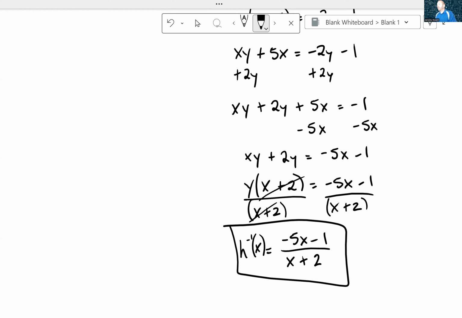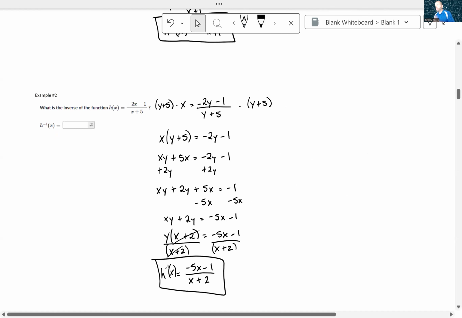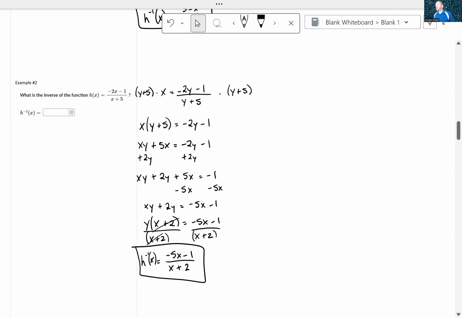All right, if we were to plot these, actually, let's just do that. Let's take a look at Desmos very quickly and see what this looks like if we plot it. So I'm going to write y equals negative 2x minus 1 over x plus 5 as one equation on Desmos.